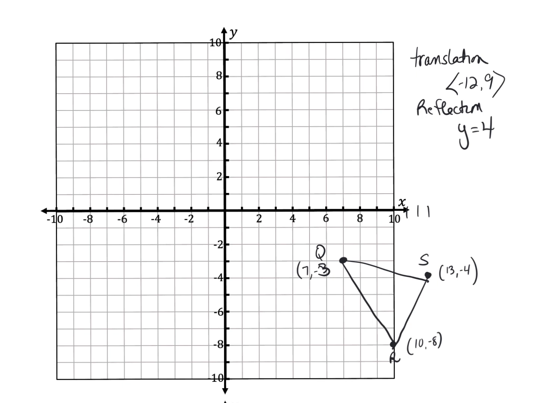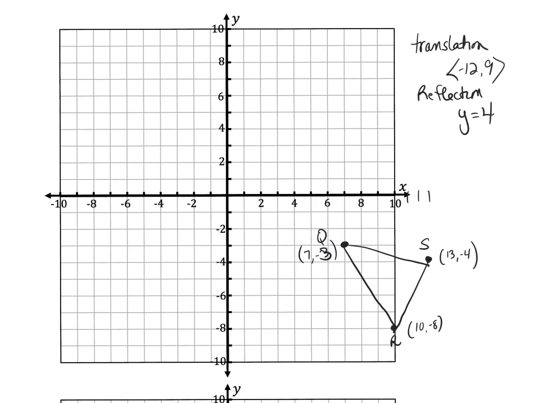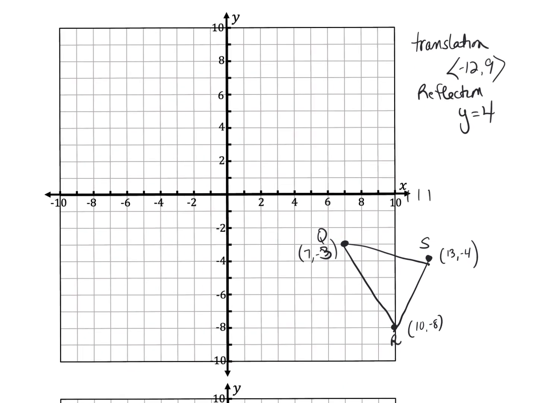Do it on your graph paper where it is a single unit and not by twos. So first I'm going to translate, and this is going to go off. Oh no, it's not. I think that we're okay. So first I need to go 12 units, so it's a negative 12. That means I'm going to go left along the x-axis, and 9 is positive, so I'm going to go up on the y-axis.